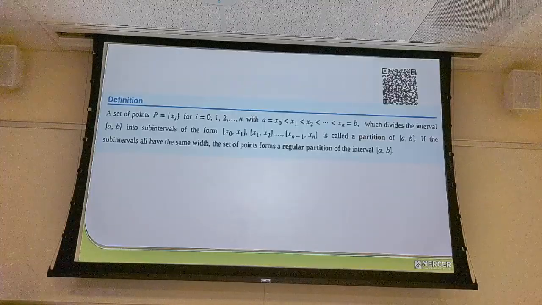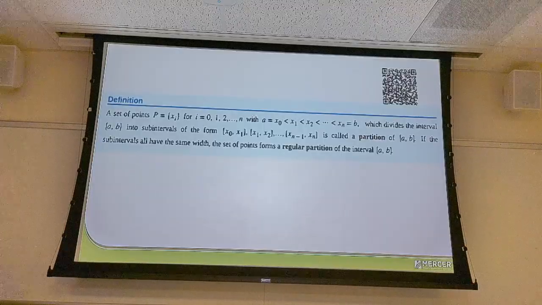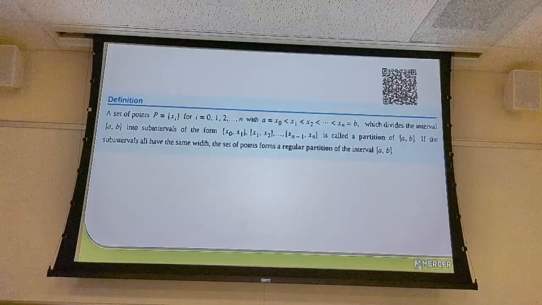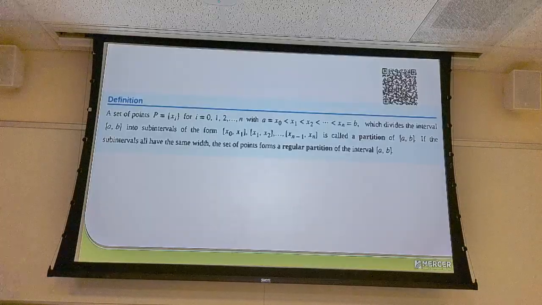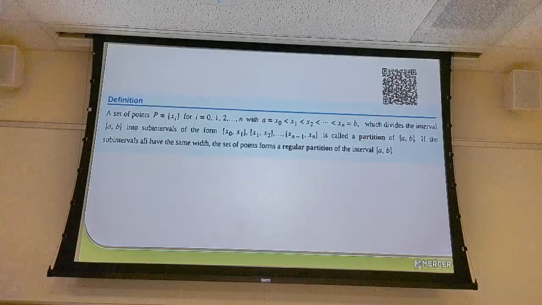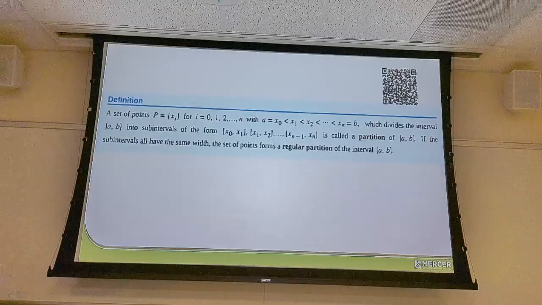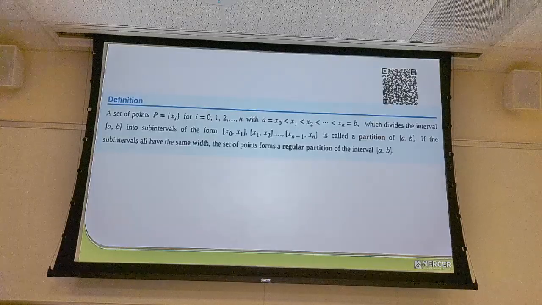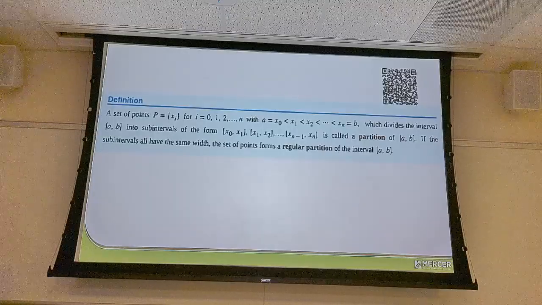If they are all equidistant from each other, then the partition is called regular. For the most part, in this class, we will be dealing with regular partitions.